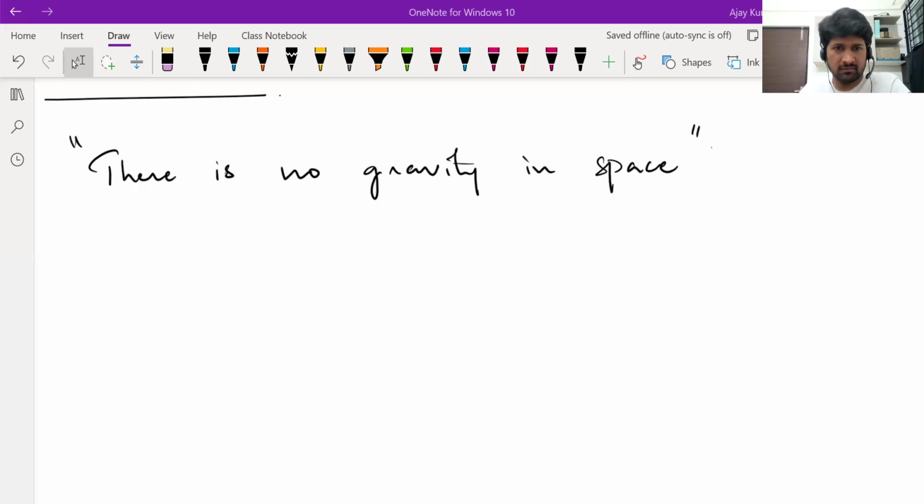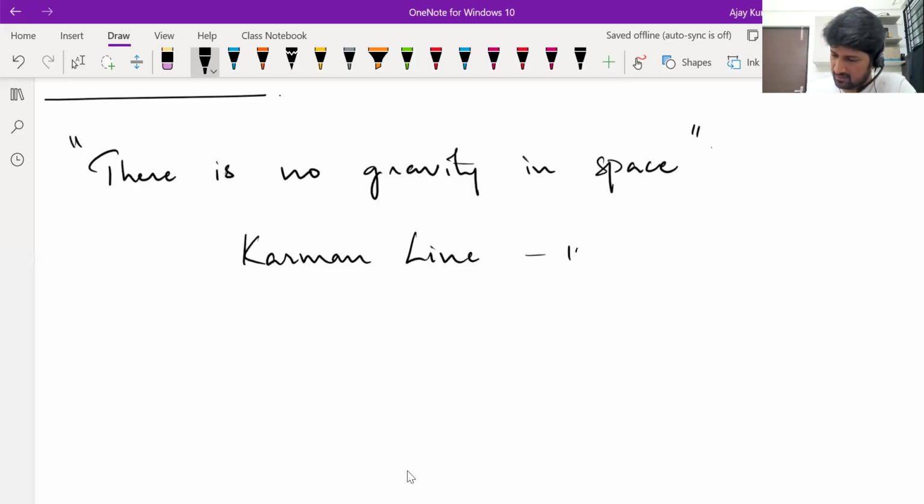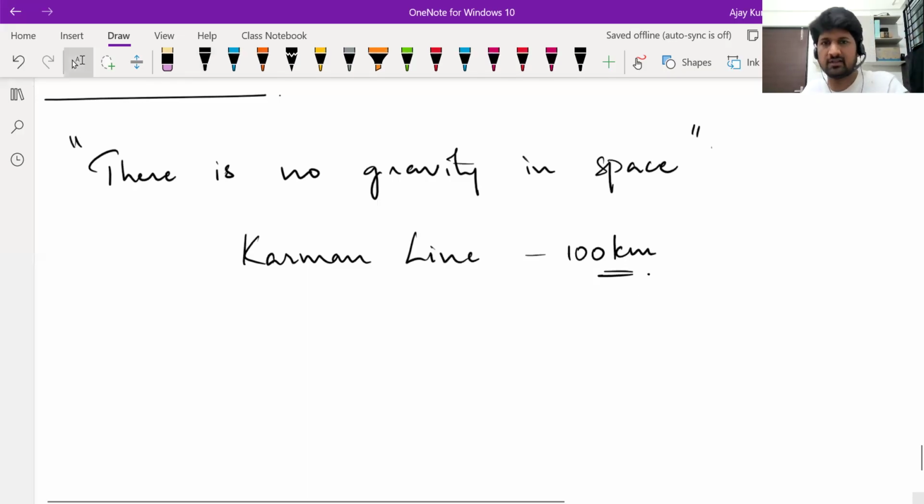Altitude of 100 kilometers is called the Karman line, above the Earth's surface. After that, there is no atmosphere, or even if it's there, it's not significant. Okay, the density is not significant.